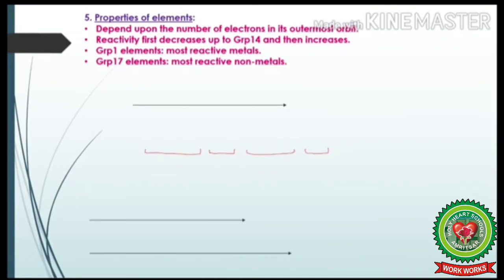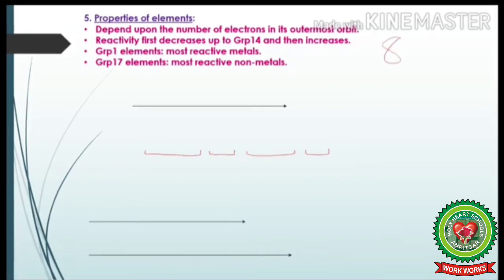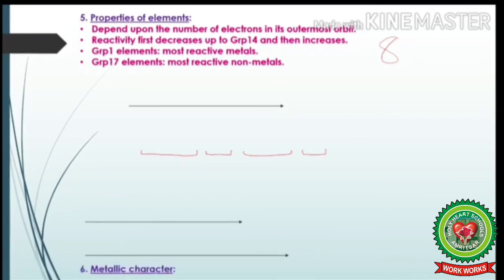So to attain the noble gas configuration and to complete their octet, elements of group 1 lose 1 electron and the elements of group 17 gain 1 electron.